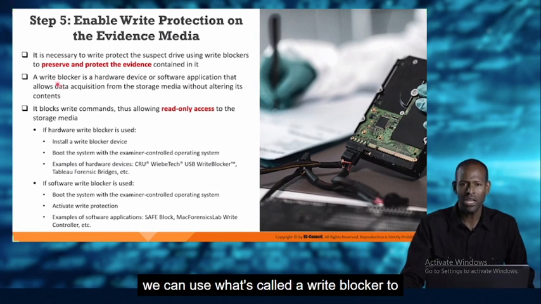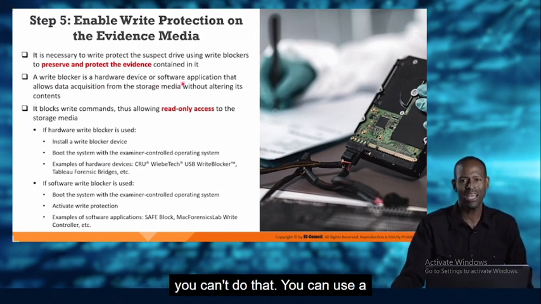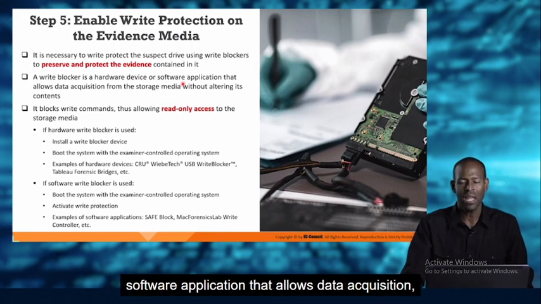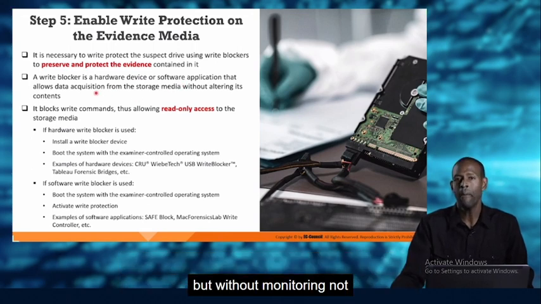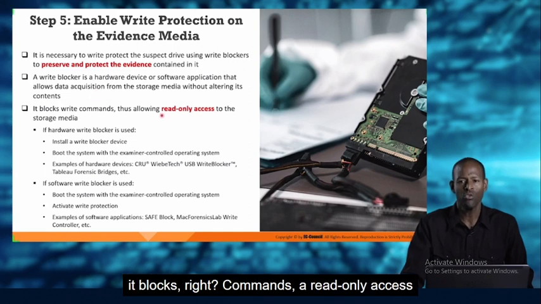So we can use what's called a write blocker. It's a hardware device, or sometimes when you can't do that, you can use a software application that allows data acquisition, but without altering any of the contents. So it blocks write commands, a read-only access.